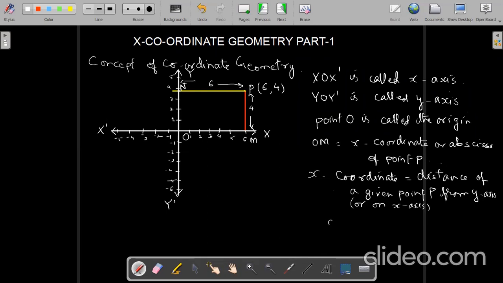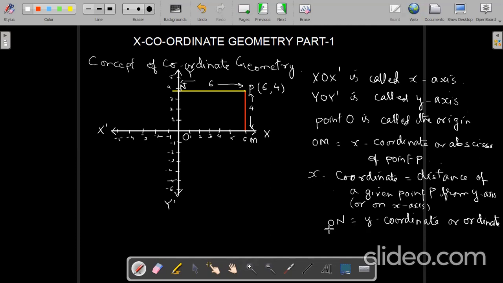Similarly, the distance ON is called the y-coordinate, or its another name is ordinate. It is also called ordinate. If only ordinate is written, you can understand that they are talking about the y-coordinate.